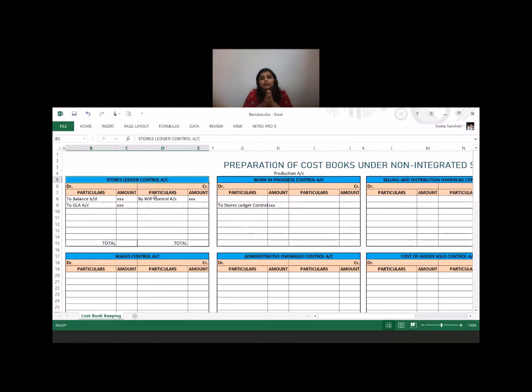Now indirect material can be with respect to factory, it can be with respect to administrative, or it can be with respect to selling and overhead. Similarly, jiska bhi material hai, we'll shift it to that overhead account.